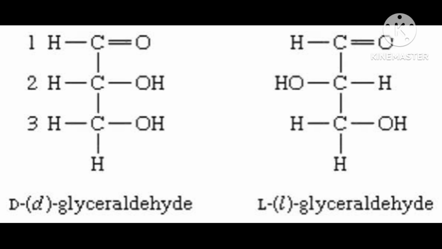Alpha and beta: you should remember, alpha means carbon number 1 OH is at the right side, and in beta, OH is at the left side. The other side has hydrogen. When OH is on the right side, H will be on the left side; when OH is on the left side, H will be on the right side, opposite. Then one is called alpha D plus glucose and the other beta D plus glucose. Both are plus, but one is alpha, the other is beta.